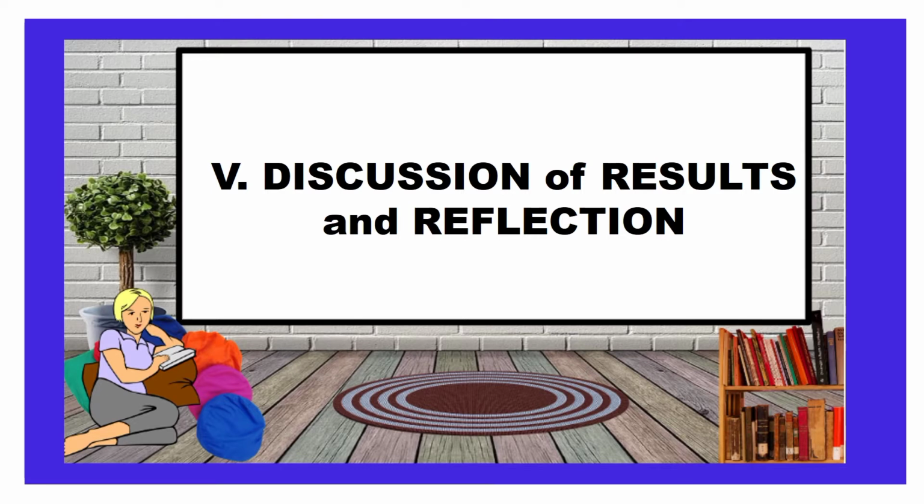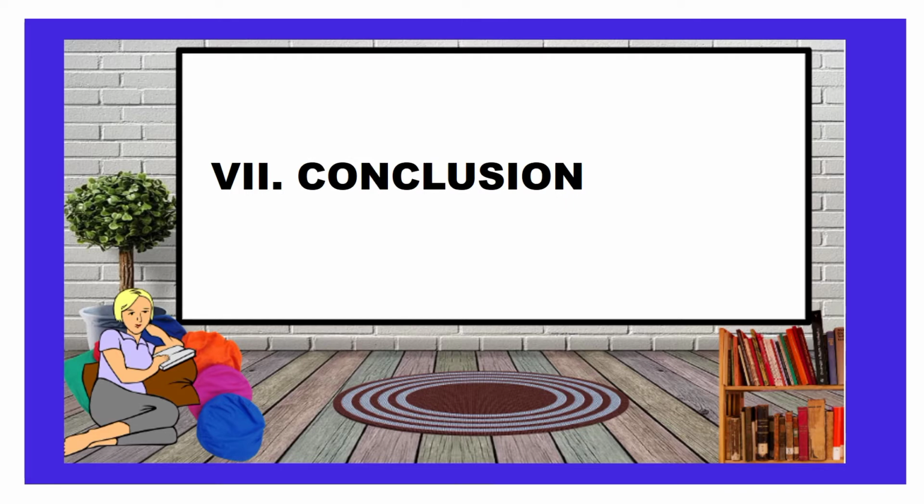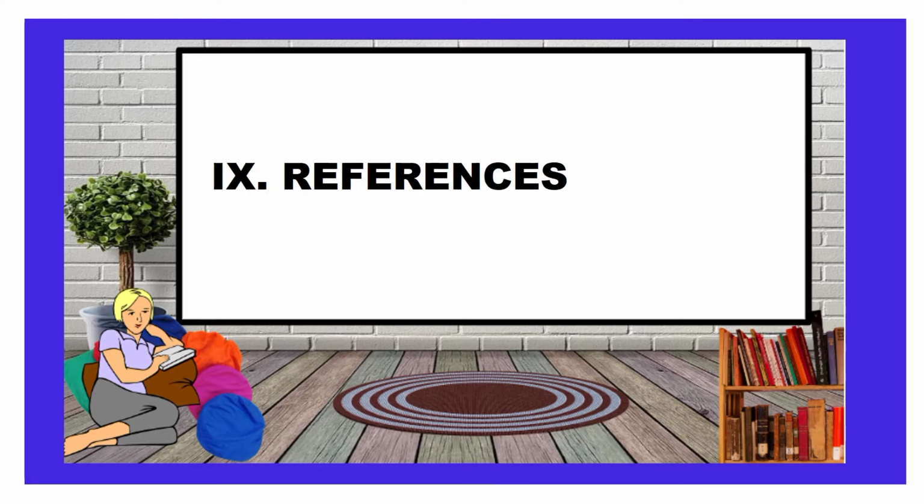Roman numeral 5, discussion of results and reflection. Roman numeral 6, summary of findings. Roman numeral 7, conclusion. Roman numeral 8, recommendations. Roman numeral 9, references. Again, nasa proposal na po ito.